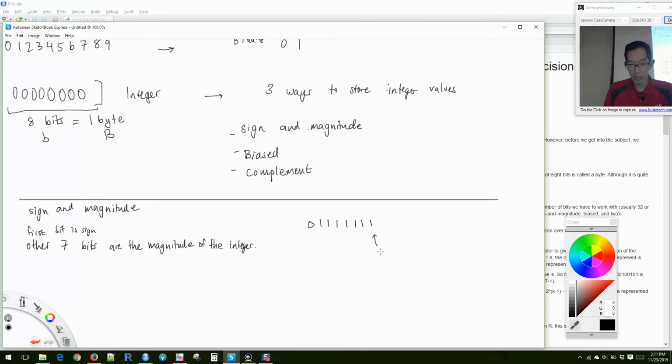This is your 2 to the 0, and then just like decimal notation, all the way up to 2 to the 7th. So the largest value would be 2 to the 7th plus 2 to the 6th plus 2 to the 5th plus 2 to the 4th plus 2 to the 3rd, and so on, or you can think of this as 2 to the 8 minus 1. This is the largest positive value.